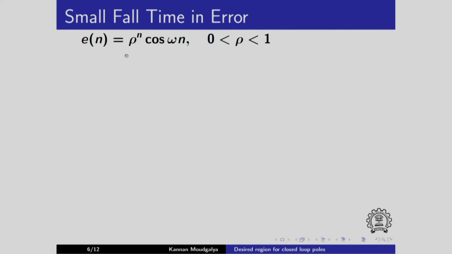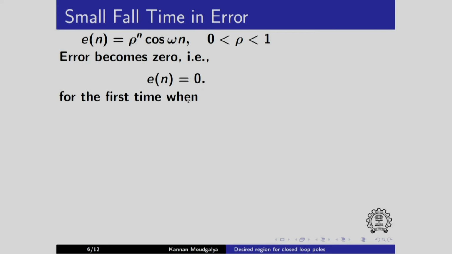Now let us start with small fall time in error. This is the same as the rise time in the plant output Y. Here it is fall time in the error. So we want to know when the error becomes 0 starting from 1. It becomes 0, that is E of n equals 0, for the first time when omega n equals pi by 2. So cos pi by 2 becomes 0.